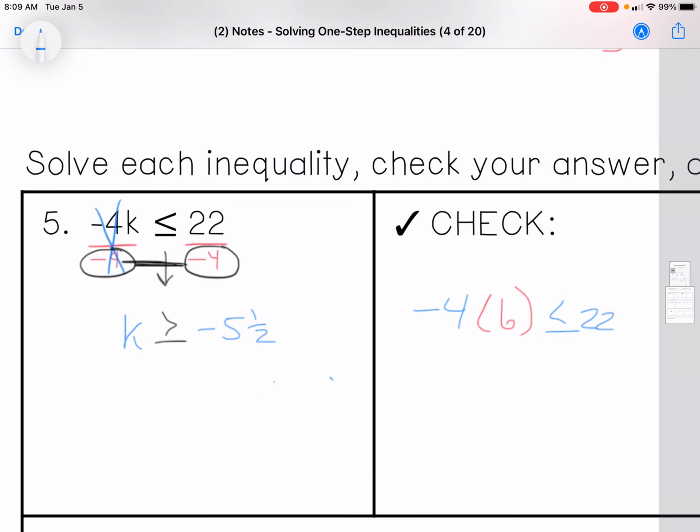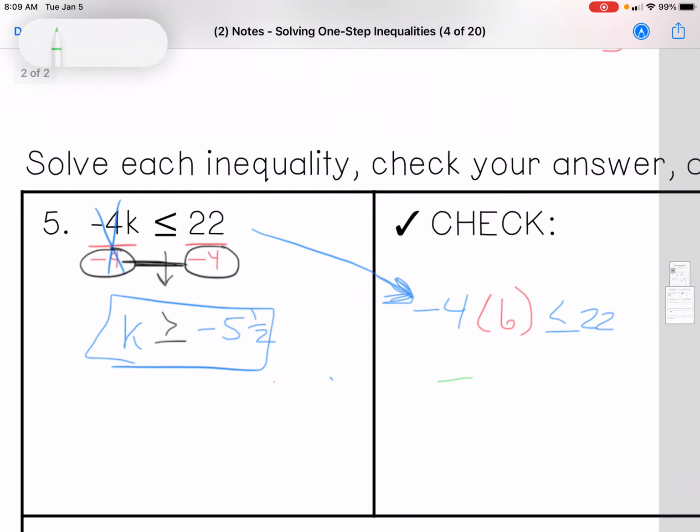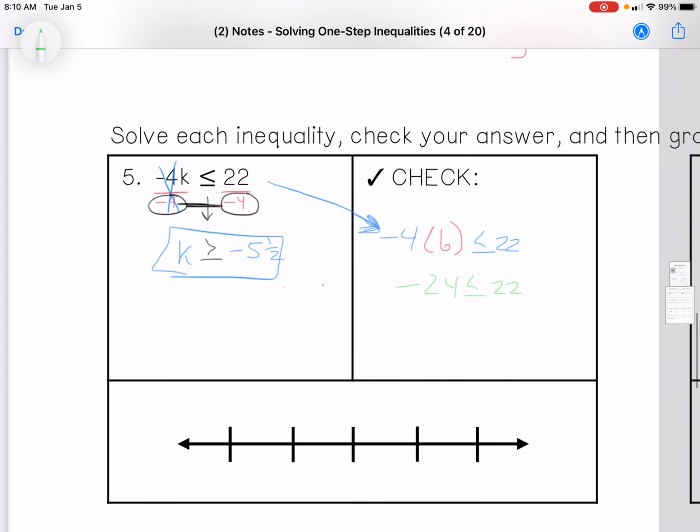So notice my problem went back to my original problem, okay? I didn't keep the sign flipped over here when I checked it. I did for the answer. The answer stayed the way I had it, okay? All right, let's work it out. -4 times +6 is -24. Is -24 less than or equal to 22? Yes, it is. Absolutely.